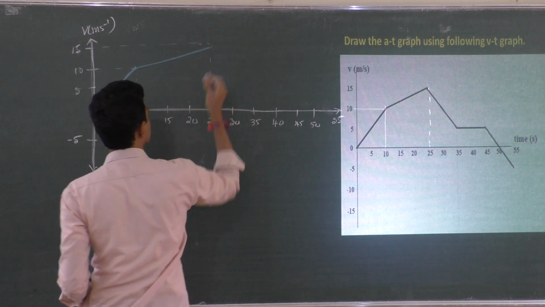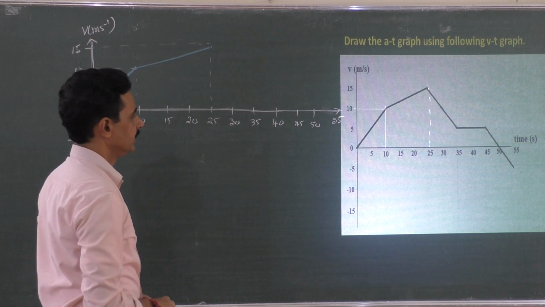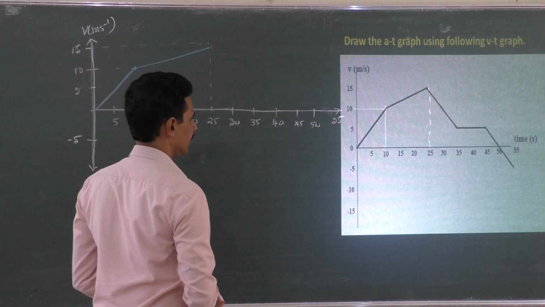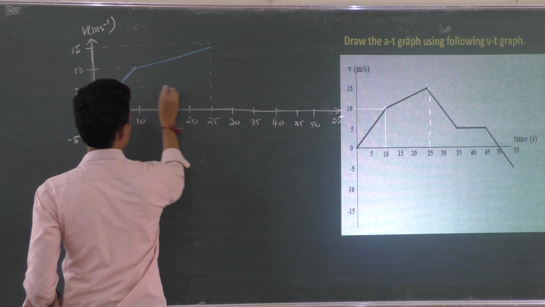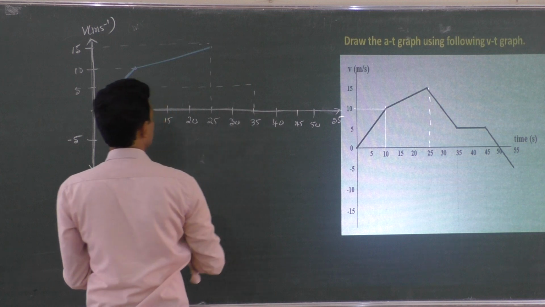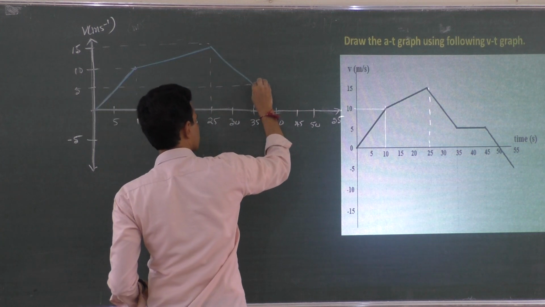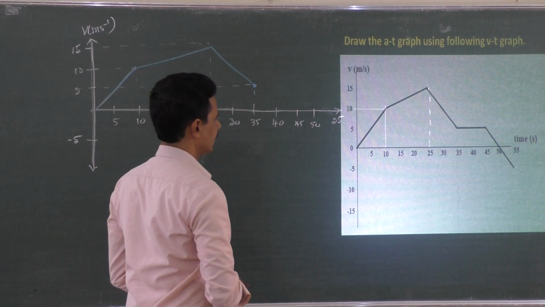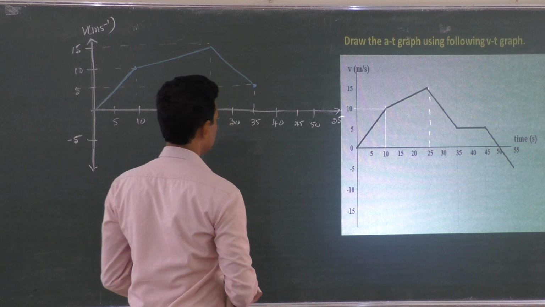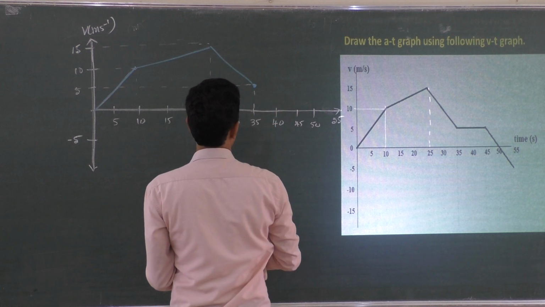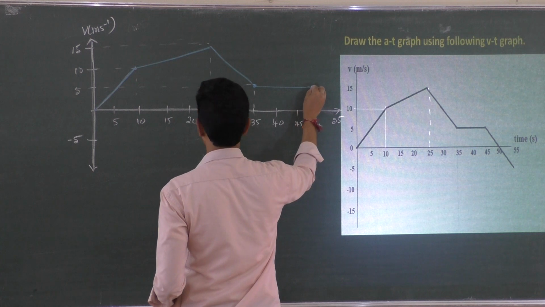Then it decreases to 5 meter per second at 35 seconds. At 35 seconds the velocity must decrease and come here, and then it remains constant up to 50 seconds, constant at 5 meter per second.